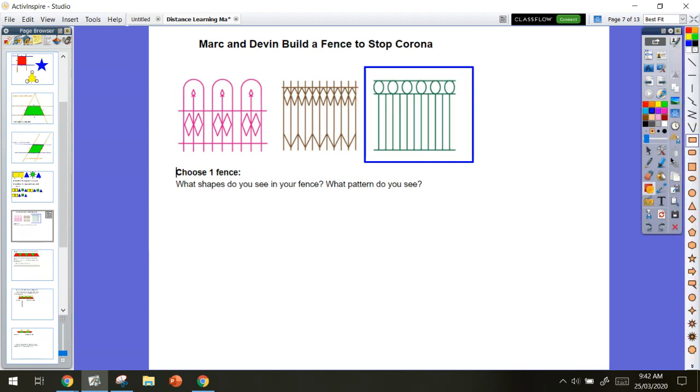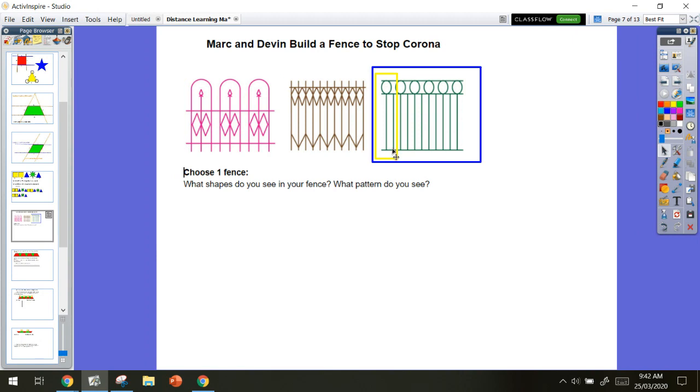If I look at this, this is the pattern. Do you see how this repeats over and over again? A circle with a line, then a line, repeats again and again.